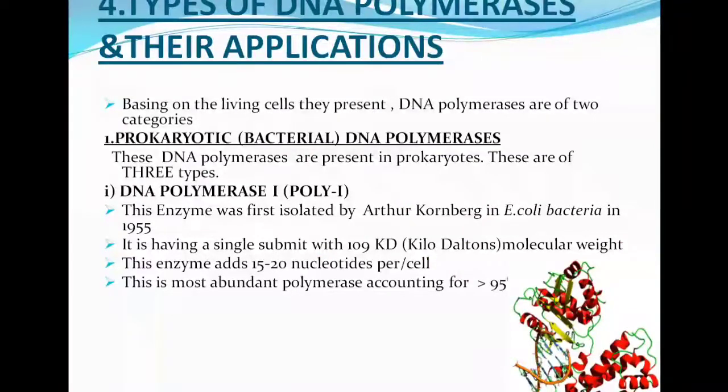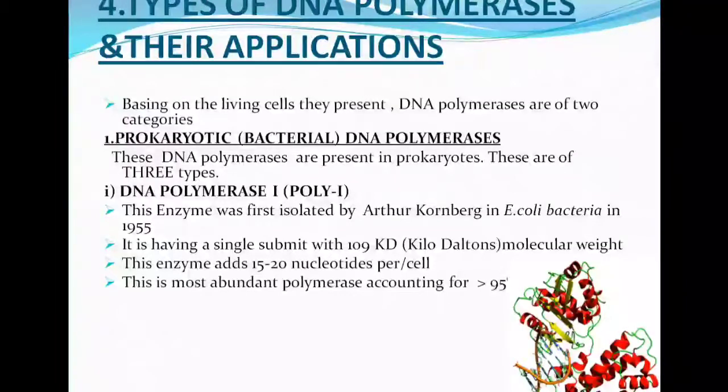Now, the fourth heading of this topic is the types of DNA polymerases and their replications. Based on the living cells they are present in, DNA polymerases are of two categories. The first one is the prokaryotic DNA polymerases. What is prokaryotic? Prokaryotes are nothing but the bacteria in which the nucleus is not distinct.